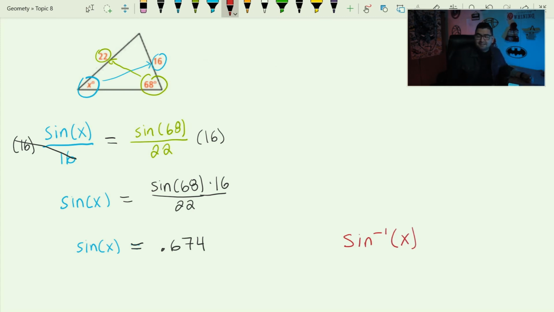If we take the sine inverse of something, especially when we take the sine inverse of a sine function, it ends up canceling out the sine function. And what you end up being left with is whatever was inside here, which is exactly what we're looking for. So we're going to take the sine inverse of each side.